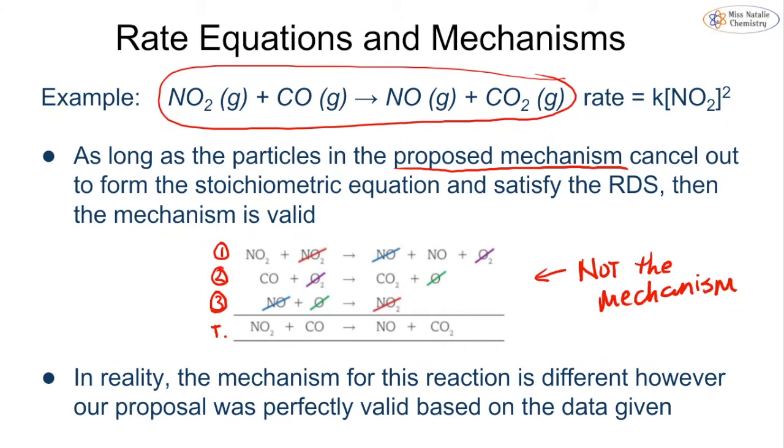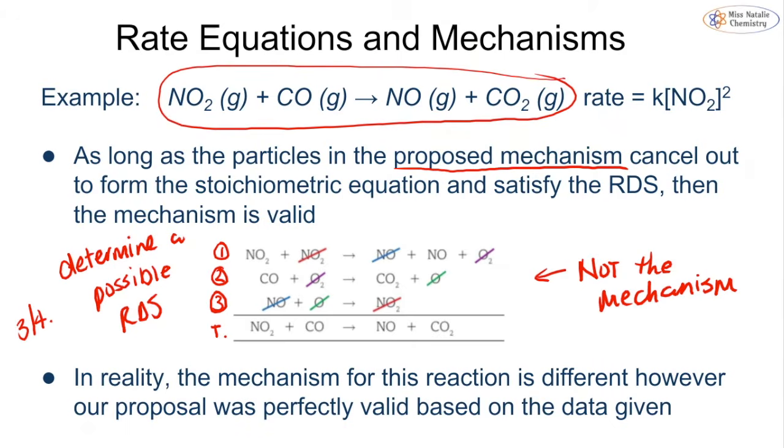Now, these particular questions can come up and they're usually maybe 3 to 4 marks, but one common question is determine a possible rate determining step.